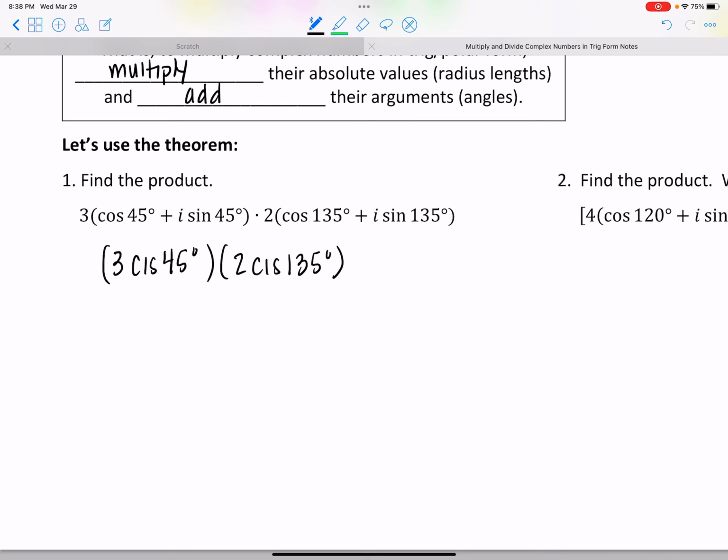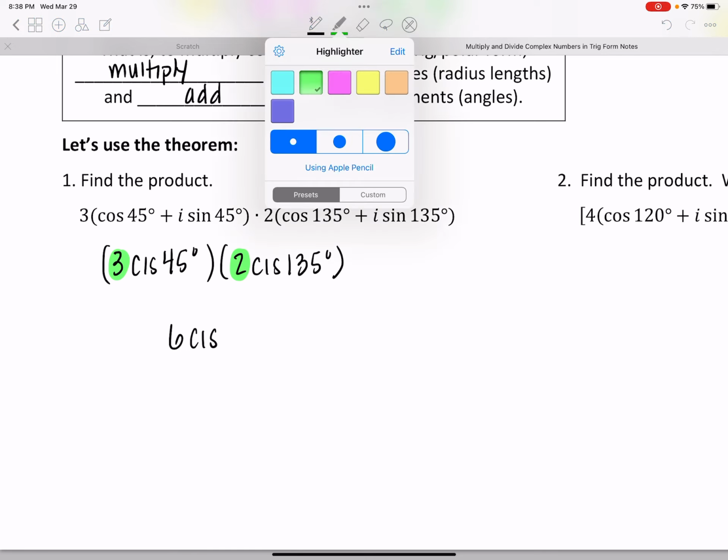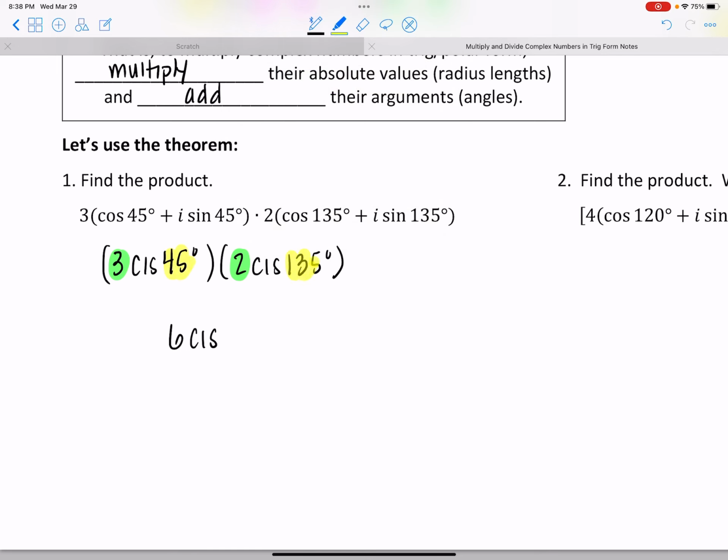And so again, multiplying the radius lengths, the 3 and the 2, gives me 6. And then there's going to be cis, let's add the two angles, the 45 and the 135. And 45 and 135 makes 180 degrees. And there it is. So 6 cis 180.